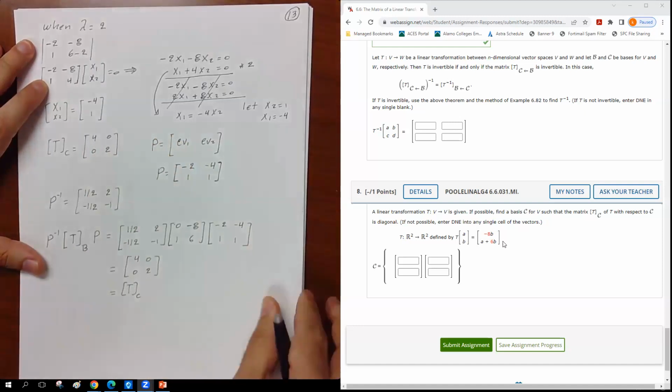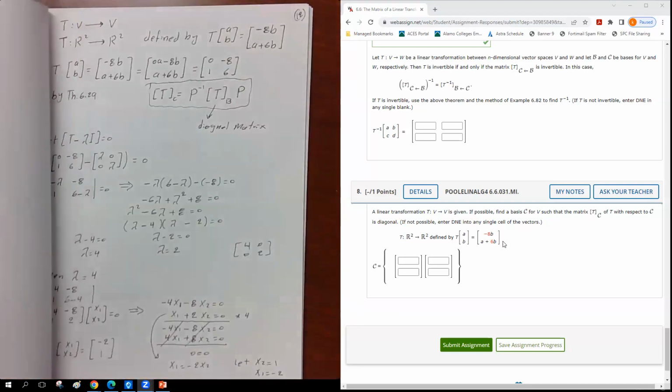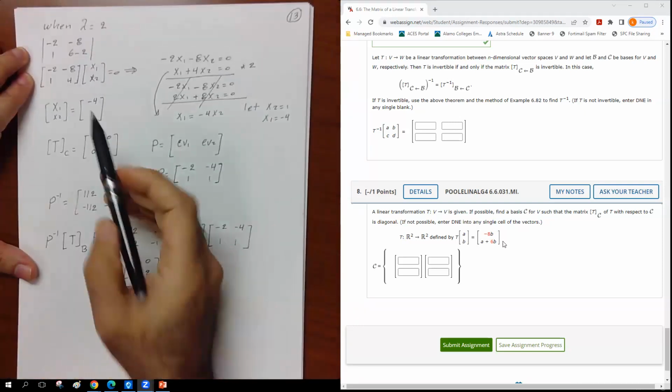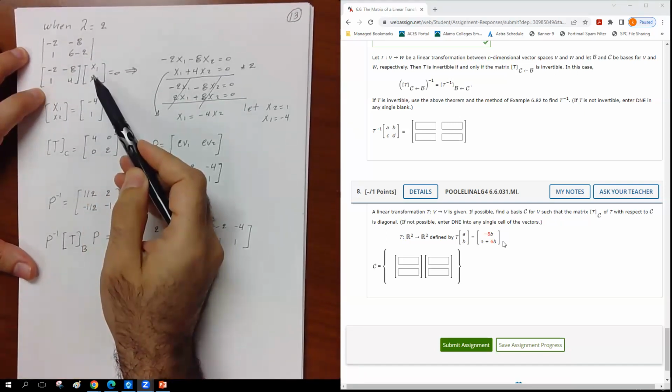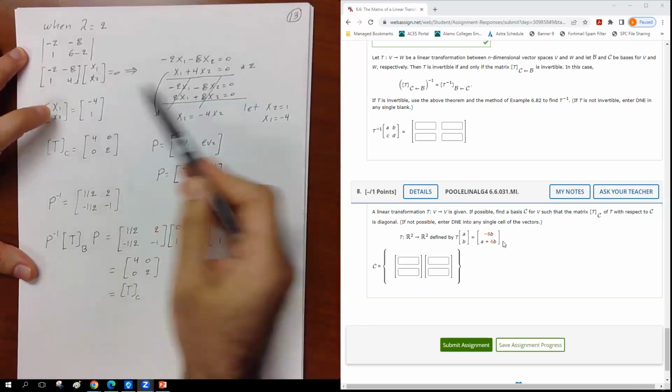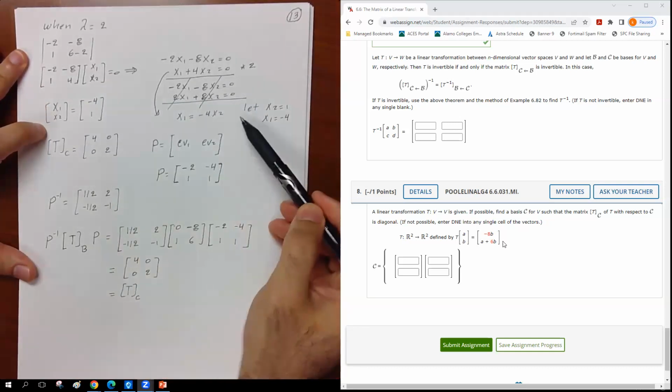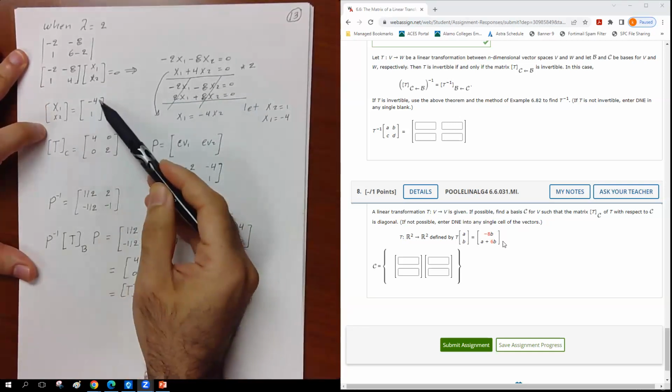Let me check. Yeah, negative lambda, okay. So -2, -8, 1, 4, because I need to find the eigenvectors. So we got the system, solve the system. We got the eigenvector -4 and 1.